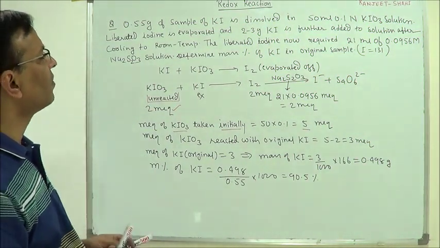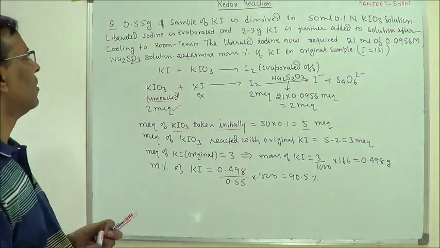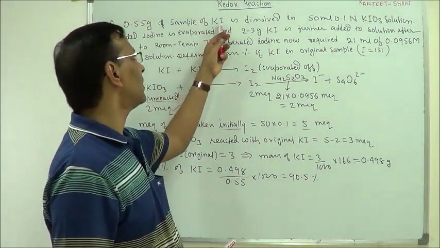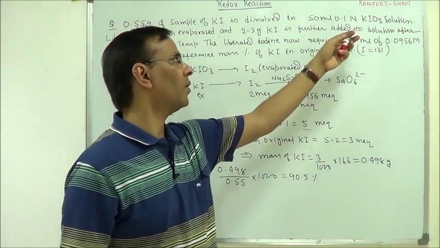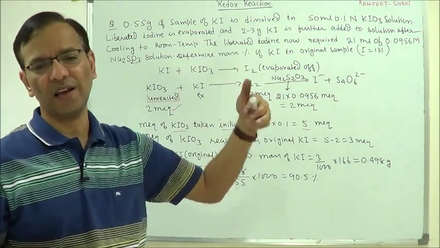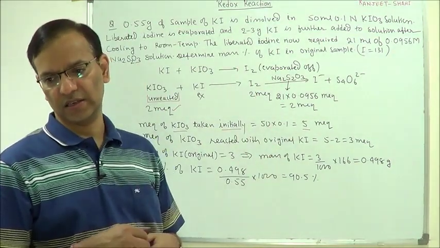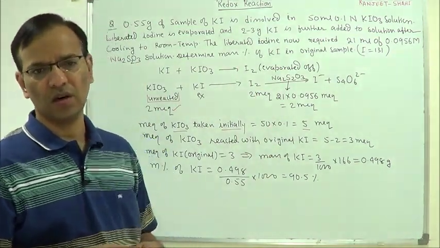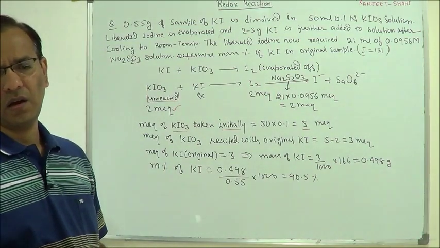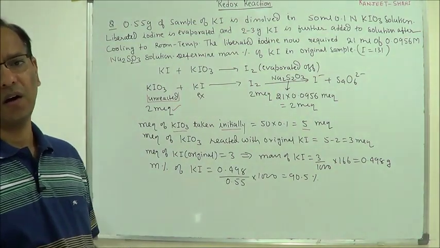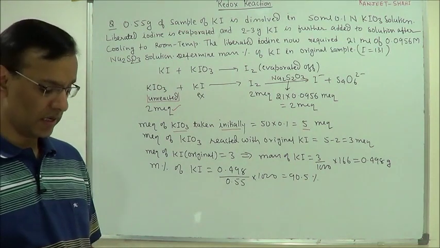So it is a case of back titration, where in the first step, reducing agent reacts with oxidizing agent, but oxidizing agent is in excess, which is evaluated by titrating further.